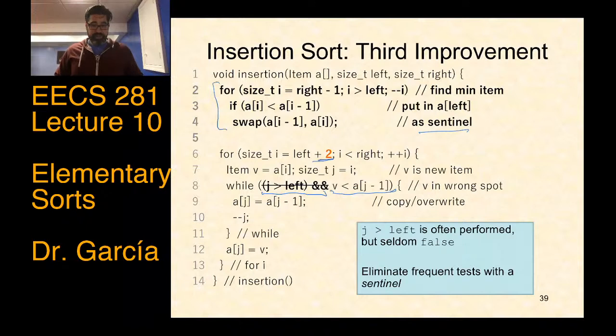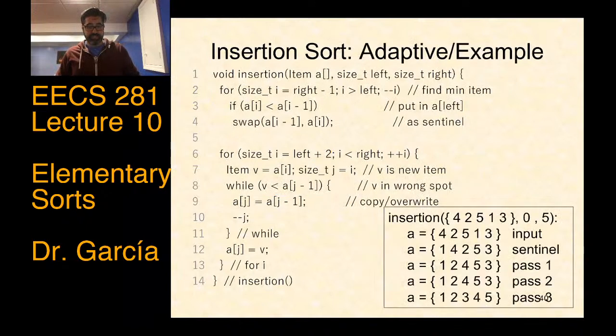All right, so here's an example of using the sentinel. It's the same example as before. This is our input. This for loop right here would iterate over every element, find that the sentinel is 1, place it here, and then insertion sort would go about its business on the rest of the array.